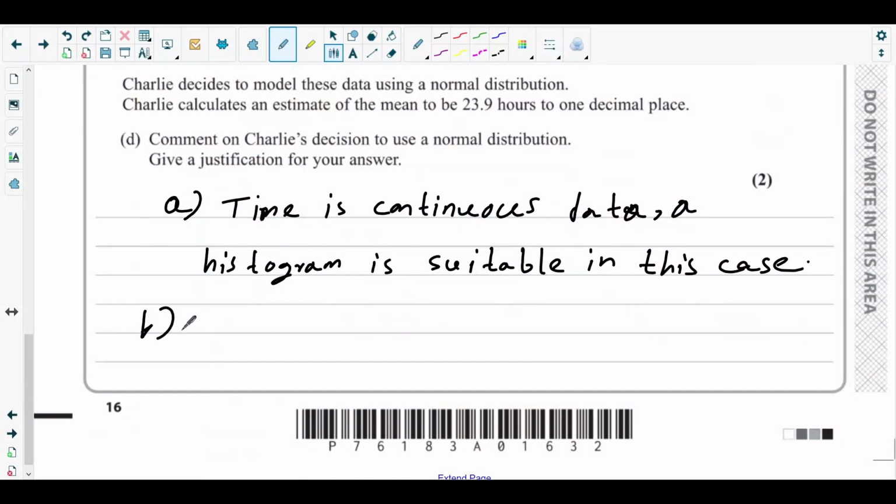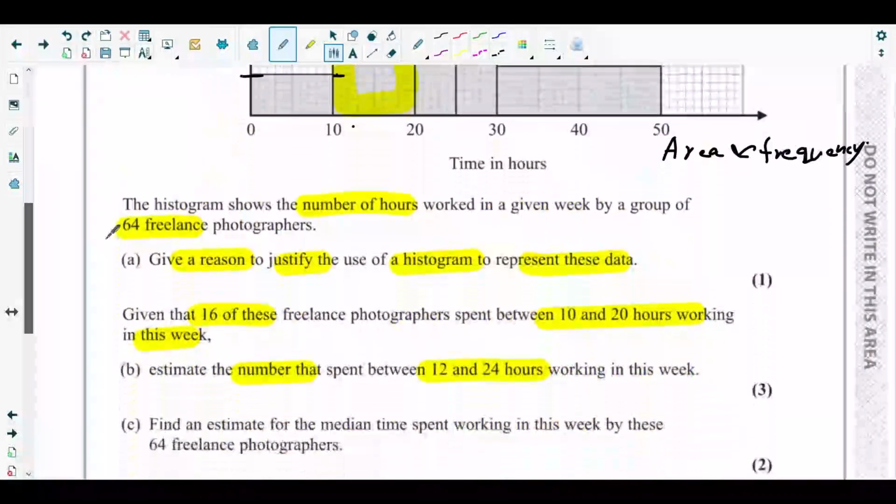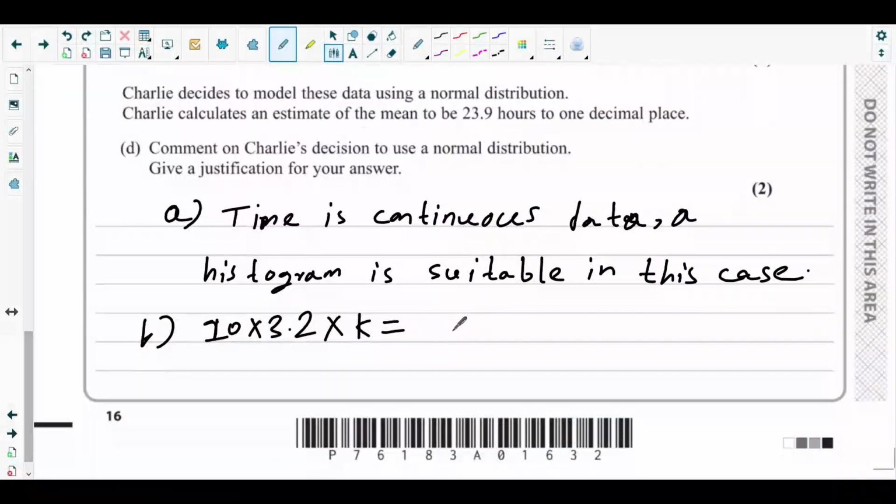For part B, the area is 10 times 3.2 times k, the scaling factor, and this equals the frequency, which is 16. So the value for k, the scale along the y-axis, would be 16 over 32, which is basically half, 0.5.